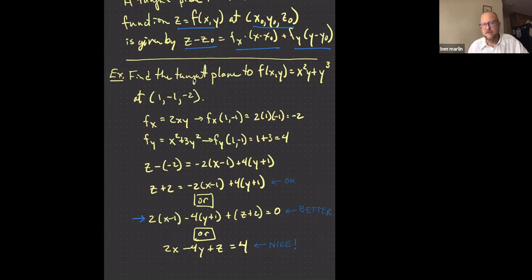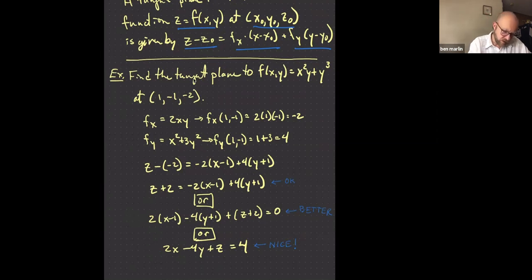It fits a different format that will get discussed a little bit in your textbook at a later place. But probably the best way to handle it is to distribute the 2 and the 4 out, and then move all your constants over to the right-hand side.